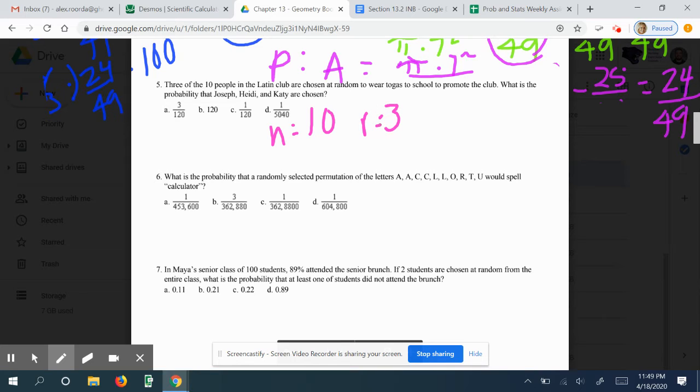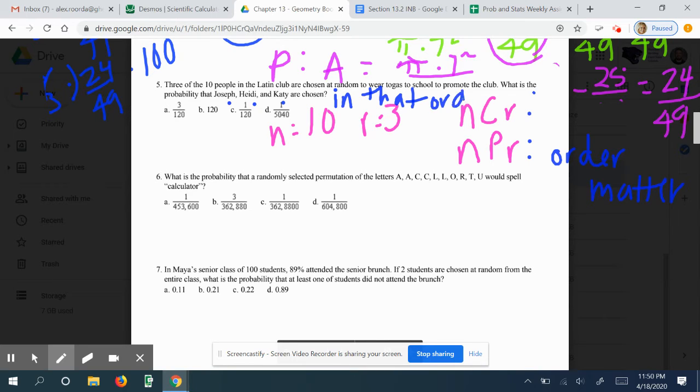Now there's 2 choices. There is either NCR or there is NPR, right? And so here's the difference between them. Okay, ready? In a P, a permutation, order matters. So this would be one where they say, what is the chance that Joseph, Heidi, and Katie are chosen in that order?